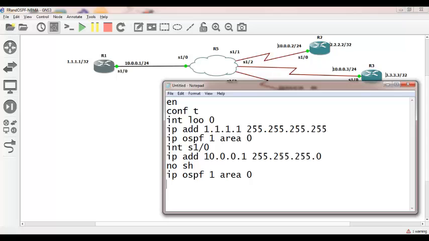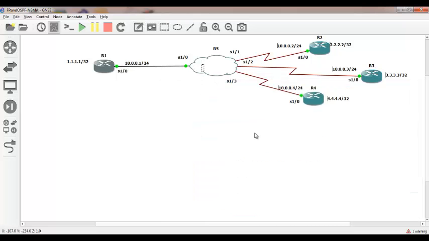But I told you just now that the frame relay switch should be the DCE. So don't set the clock rate here. When you configure the frame relay switch, we need to configure the clock rate. What is DCE and DTE? Data communication equipment, data termination equipment. See the middle device, it's a frame relay switch. R5 is going to be a frame relay switch. A switch is a communication device, it's not a termination device.